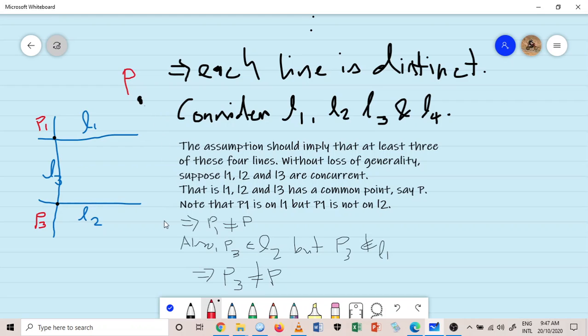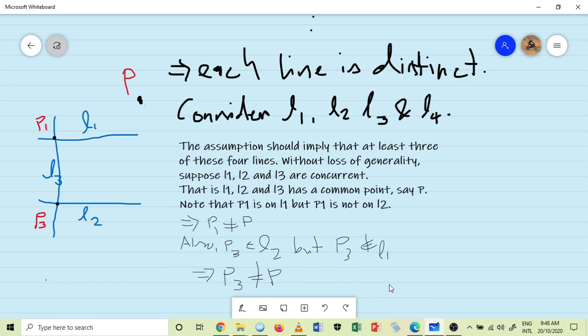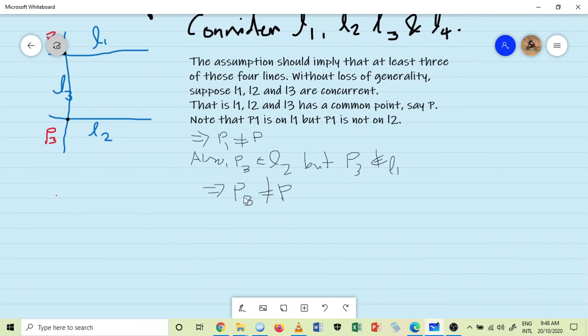Now, note that since P3 is different from P, these are two distinct points.